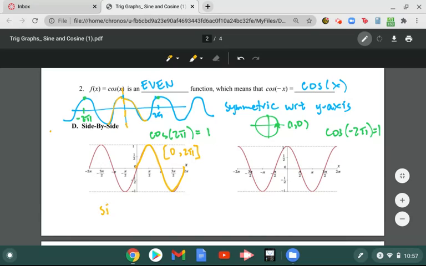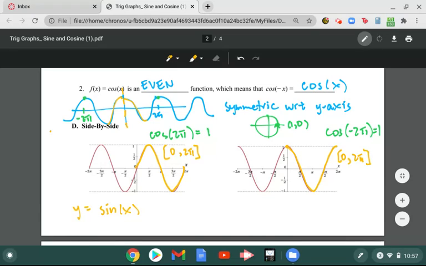Having this shape, so this is y equals the sine of x. And over here on the cosine graph, if I look at the interval 0 to 2 pi, I have what I think of as kind of this horseshoe shape. So this is one period, 0 to 2 pi.